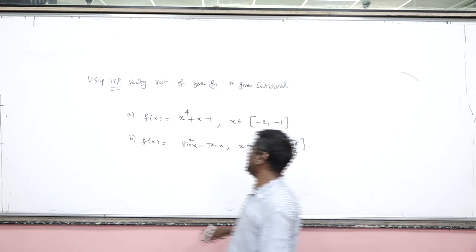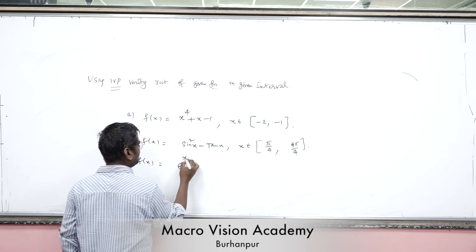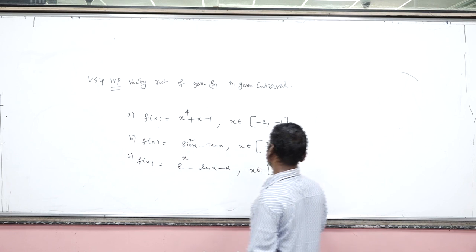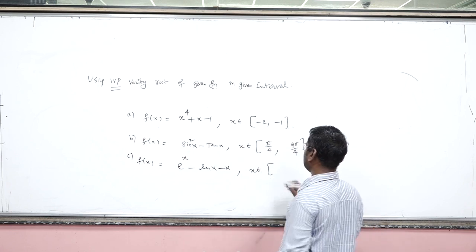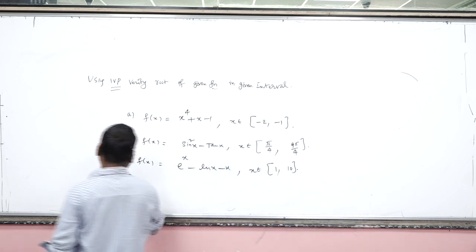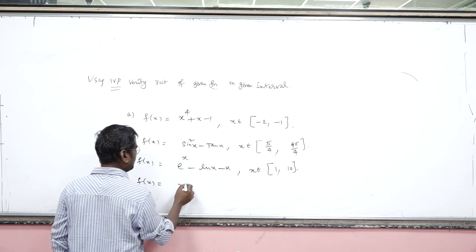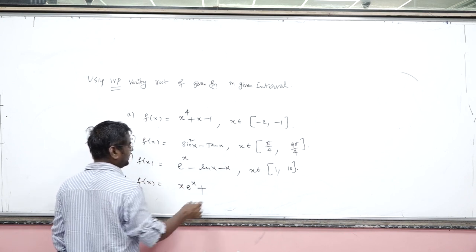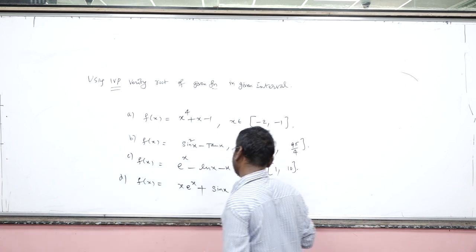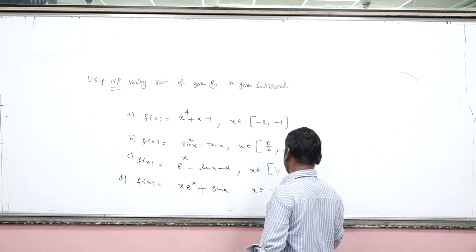And f of x equal to, for example, e power x minus ln x minus x when x belongs to 0. Sorry, x can't be 0. So 1 to, for example, 10. And f of x equal to x e power x plus sin x, x belongs to minus pi to plus pi.